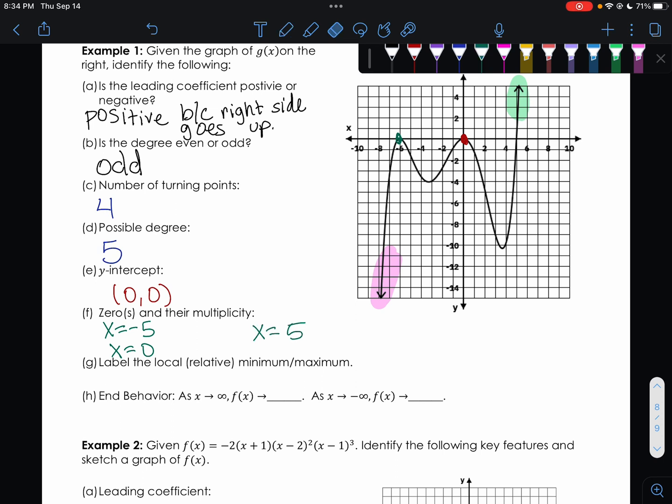And I just realized that this is not at -5, it's at -6. This one has a multiplicity that is going to be even because it's bouncing. At 0, it's going to be even because it's bouncing. And at 5, it's going to be odd because it's crossing.